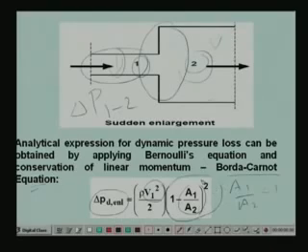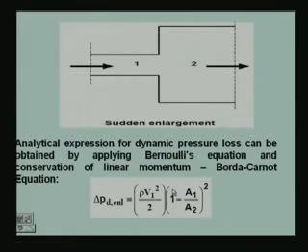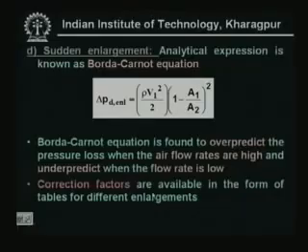Okay, as I said, this is an analytical expression subjected to certain assumptions, right. And this is a very famous equation, and it is called the Borda-Carnot equation. And it is observed from experimental results that the Borda-Carnot equation is found to overpredict the pressure loss when the air flow rates are high and underpredict when the flow rate is low.